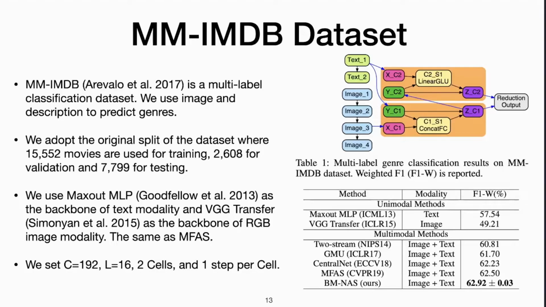Since the MM-IMDb dataset is a multi-label dataset, and the labels are distributed very imbalancedly, we choose to report the weighted F1 score, which takes this situation into account. And we show the statistics of the label distribution in our supplementary materials.